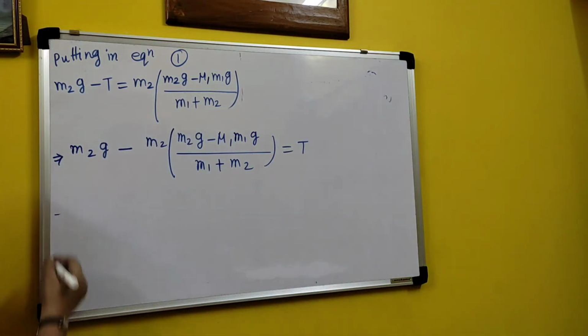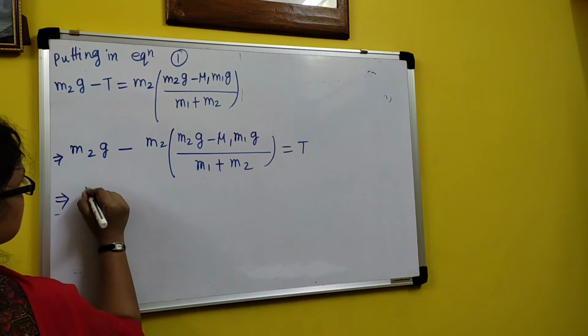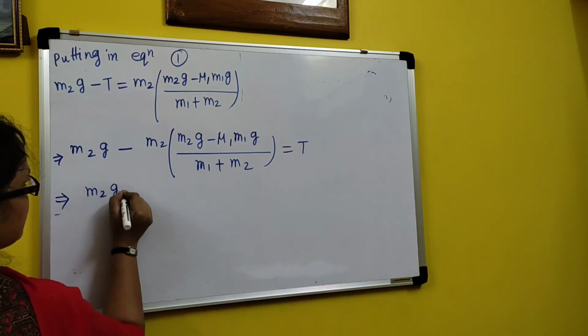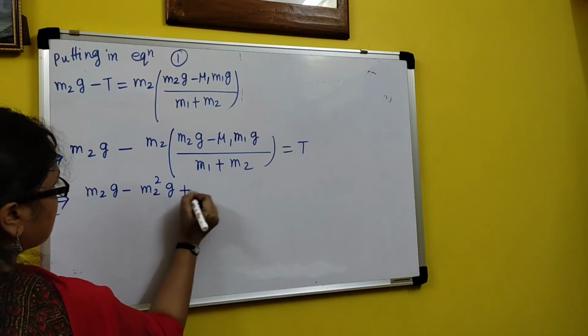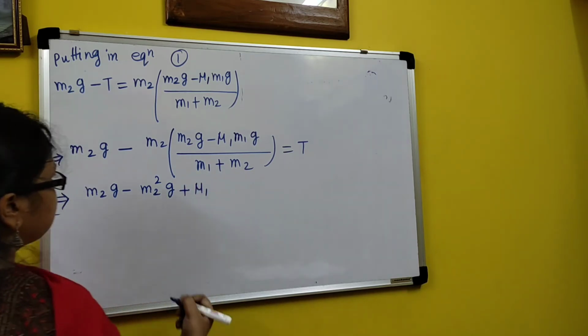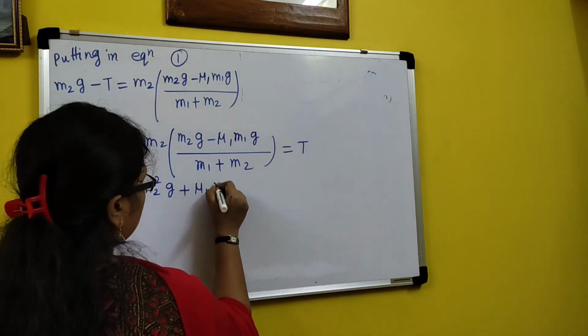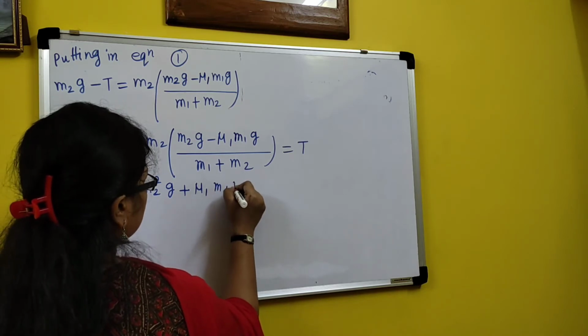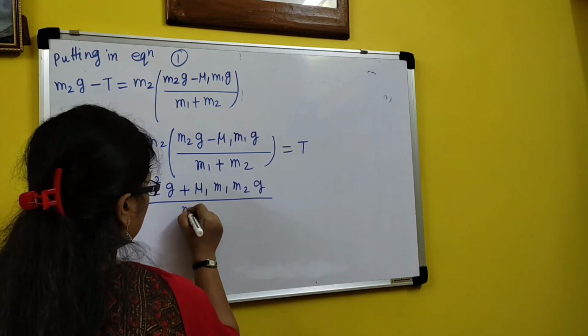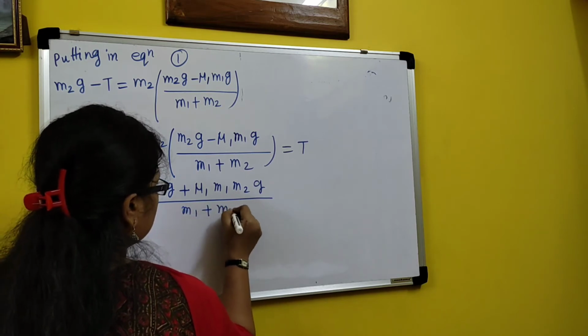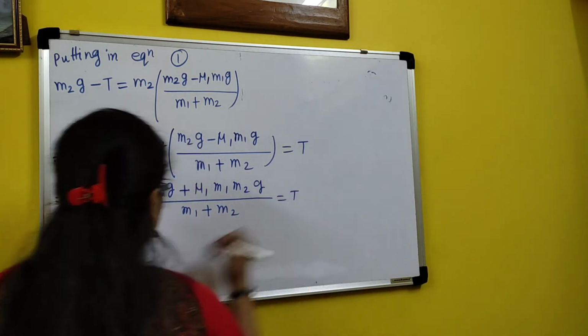So let's see if any simplification is possible or not. So m2g minus m2 square g plus mu1 m1 m2 g, whole divided by m1 plus m2, equal to T.